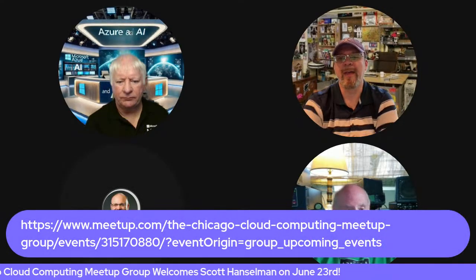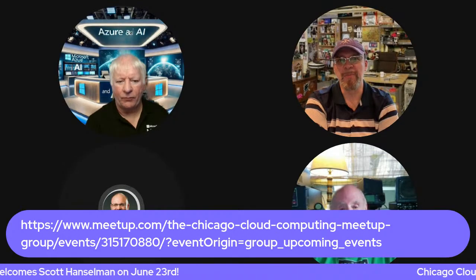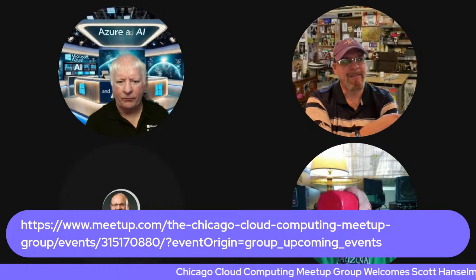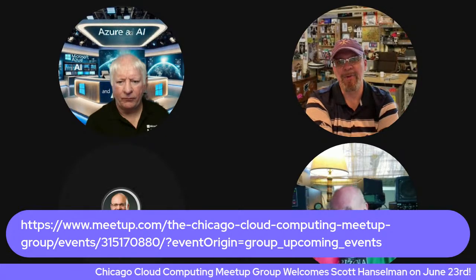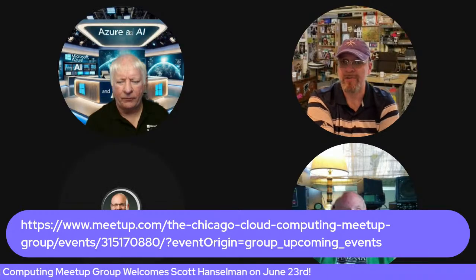So next week is the Juneteenth conference. That's on Friday the 19th. And then the following Tuesday is Scott. So we have two really big events in Chicago coming up. And we actually have a Chicago cloud computing meetup group on Thursday before Juneteenth.